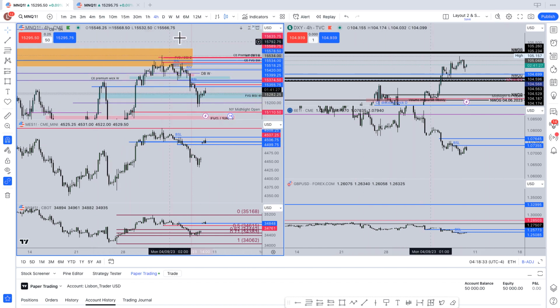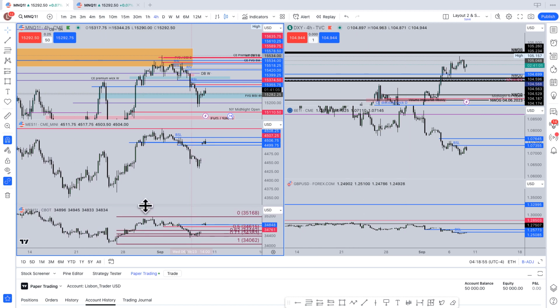And this is the NQ, so using micros. So this is 5 lots, 50 micro NQ is equal to 5 lots. And then we'll have ES, and then this is Dow, just to check for SMT divergence.